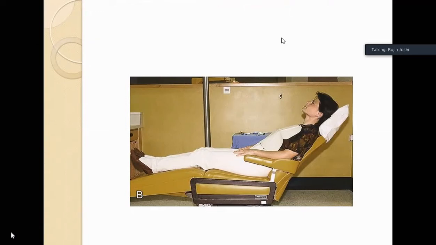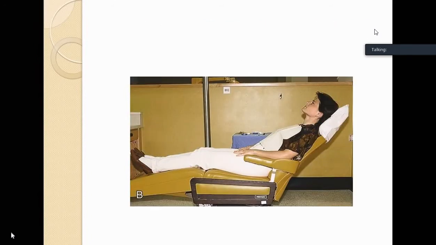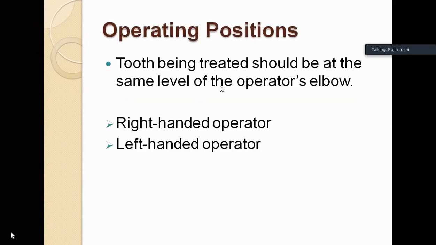Whereas in this supine position, can you see? In the supine position, the base of the mandible will be parallel to the floor. Operating positions. Okay, so operating positions, tooth being treated should be at the same level of the operator's elbow.